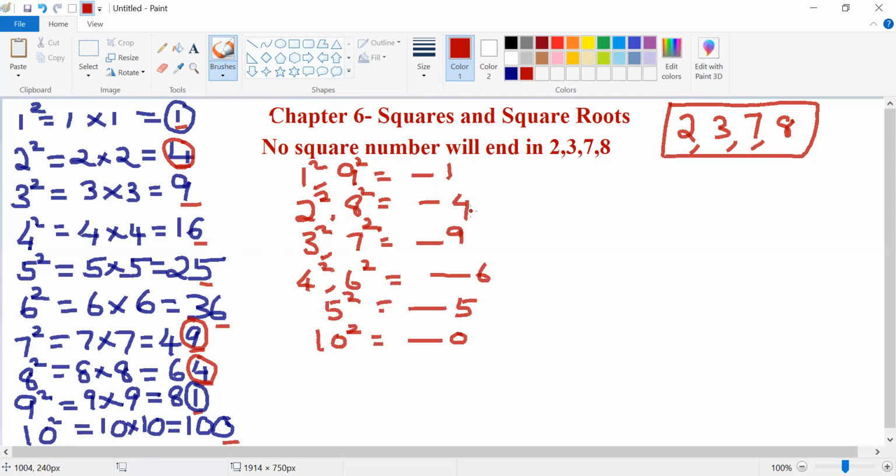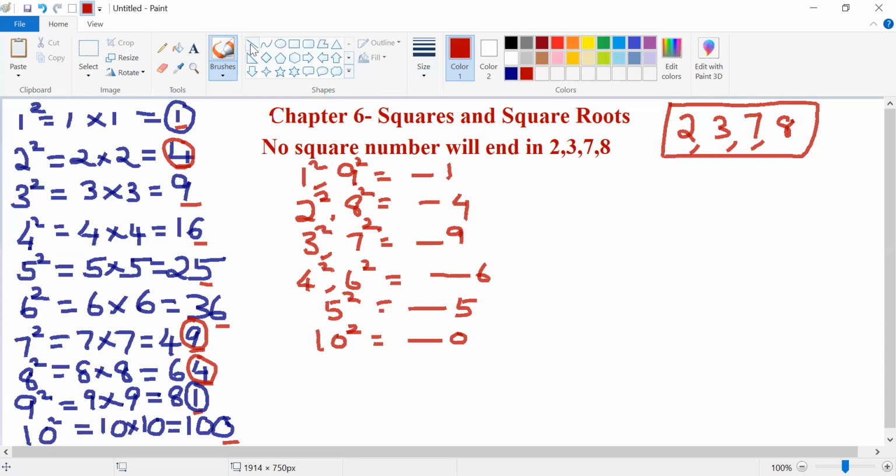That is, the ones place of the square will be 4. If a number ends in either 3 or 7, its square will end in 9. If a number ends in 4 or 6, the square will end in 6. If a number ends in 5, its square also will end in 5. And if a number ends in 0, its square also will end in 0.